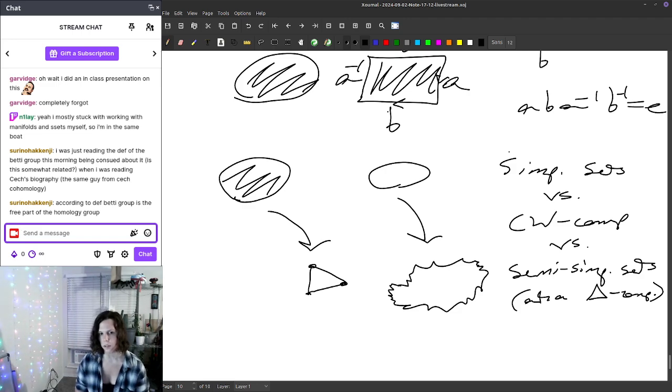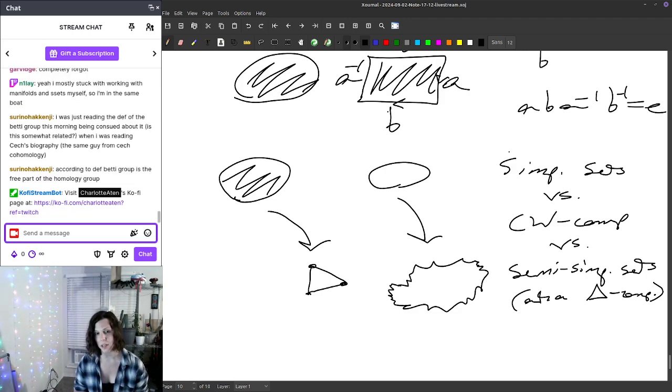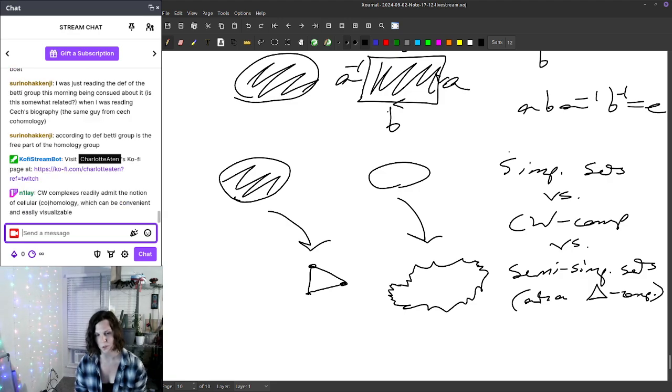So it's maybe not too much of a secret that you're not going to actually be able to directly get your hands on the singular homology of a space, because you're not really going to be able to directly examine all of the singular simplices very well, because there's too many of them. And there are all sorts of really unpleasant kinds of maps to consider in the general continuous case.